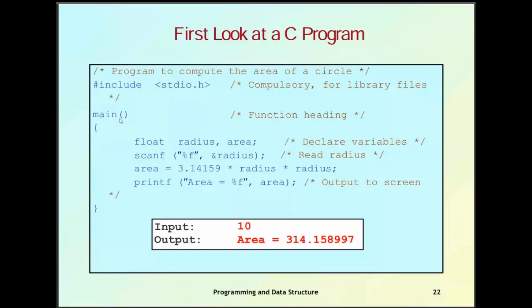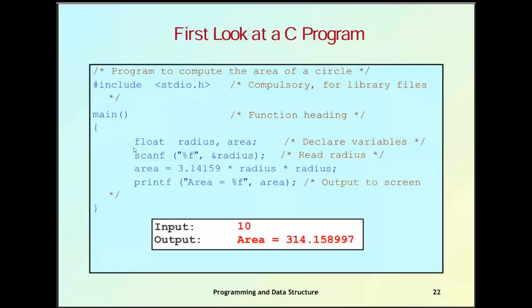Now over here, our goal is to find or compute the area of a circle. We know in order to compute the area of a circle, one must know the radius, because without knowing the radius, one cannot compute the area, right? So given that thought, we will ask the user what is the radius of the circle whose area you want to calculate. The user will provide the radius through the keyboard.